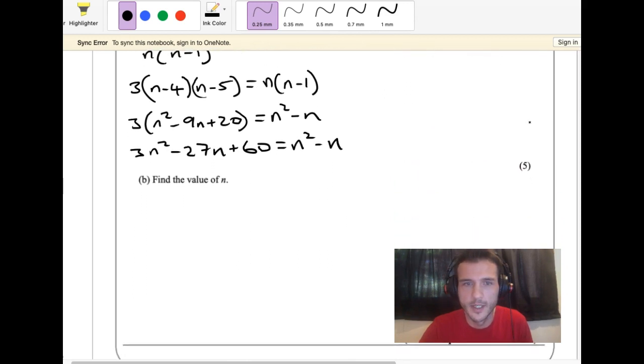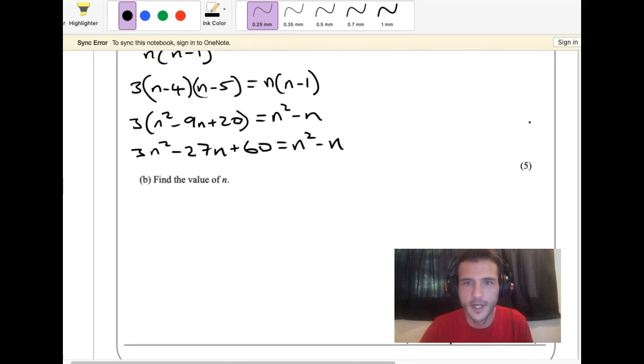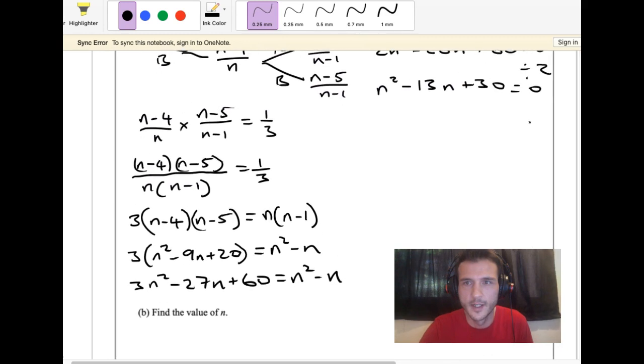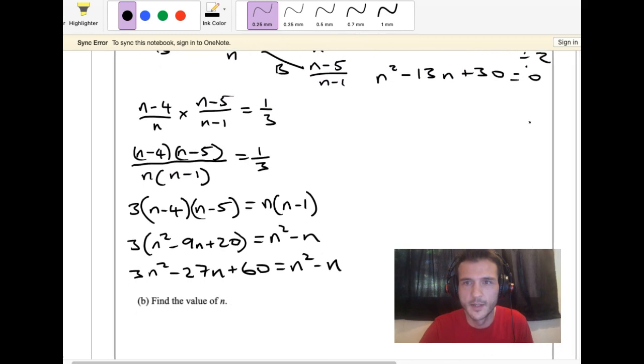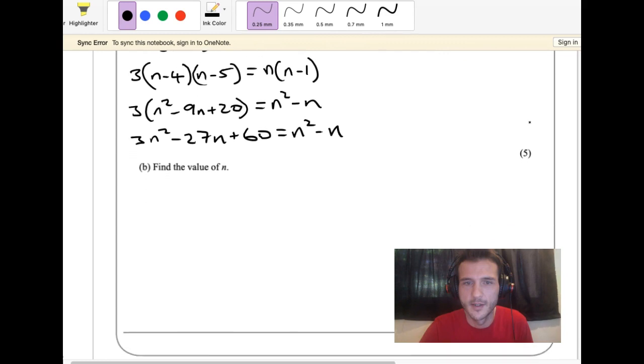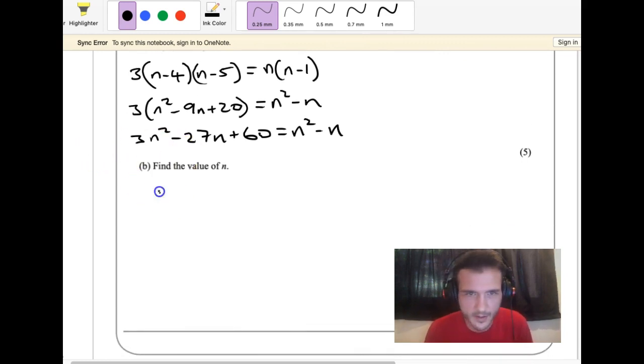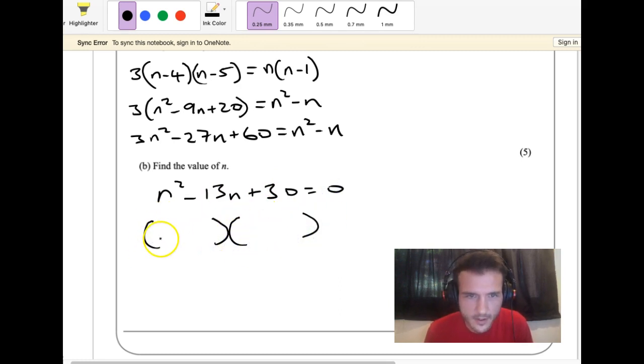Now part B, find the value of n. We have n squared minus 13n plus 30 equals 0, so we have our quadratic and our brackets. We need 2 numbers that multiply to make 30 and add to make minus 13.